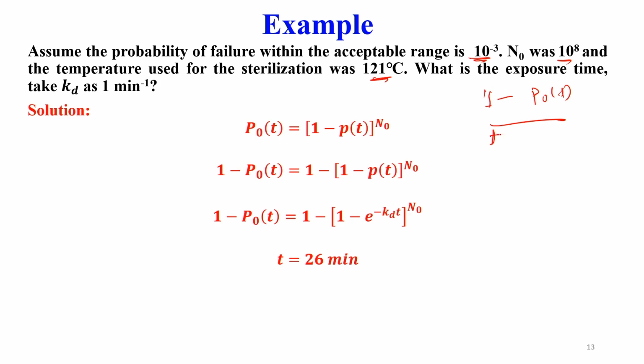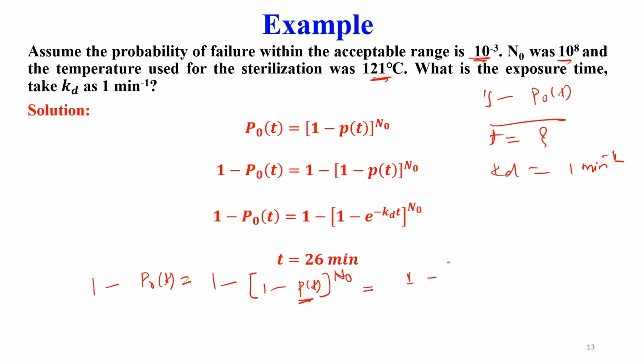You need to find the value of t, and Kd is given as 1 minute inverse. So we can quickly write 10 to the power minus 3 is 1 minus Pt to the power n naught, and this Pt can be replaced by e to the power minus kd t, so 1 minus e to the power minus kd t, to the power n naught. Now all the parameters are known, but you have to find the value of t here, and t will come out to be 26 minutes.